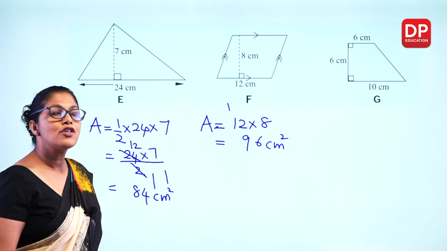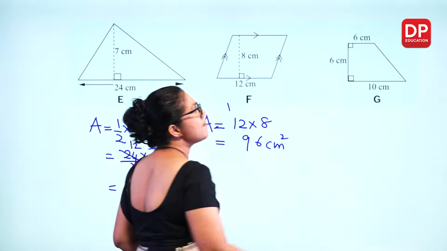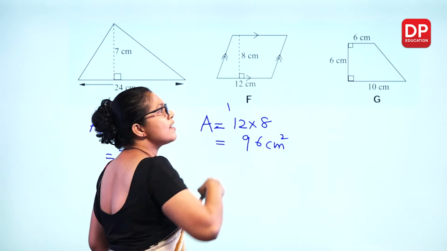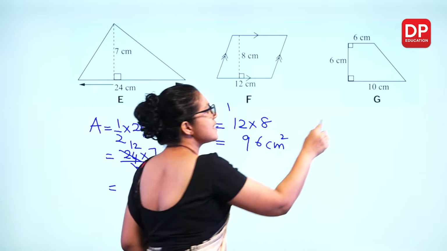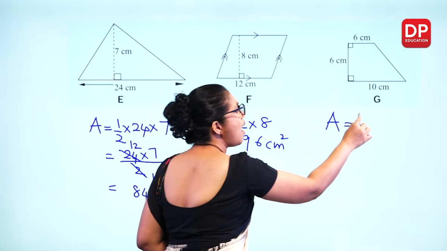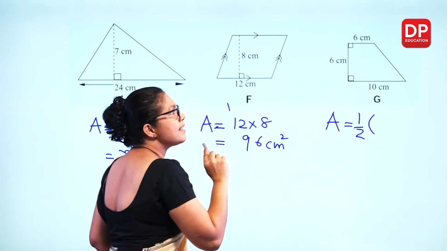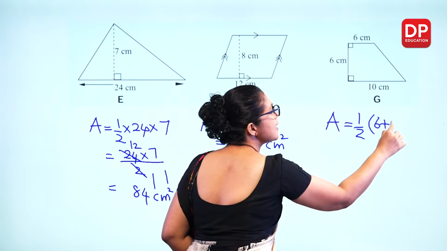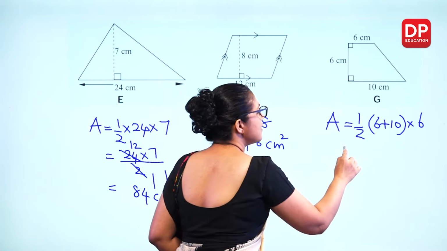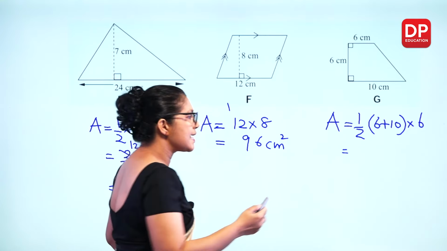What is this shape? This is a trapezium. The two parallel lengths are given, 6 and 10, and the perpendicular height is given, 6. So what's the area of this trapezium? Half times the sum of the two parallel lengths, 6 plus 10, into perpendicular height. First, simplify the brackets. 10 plus 6 is 16.